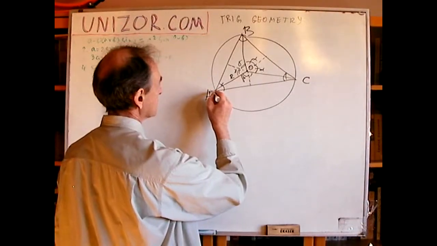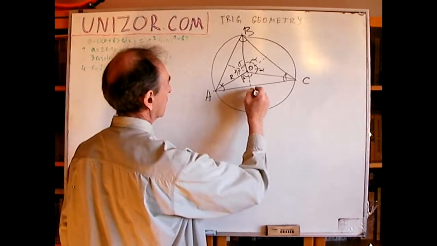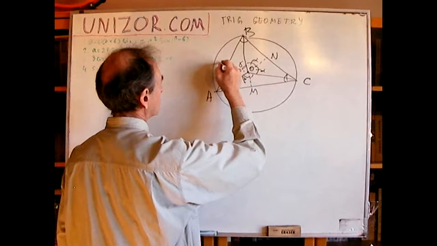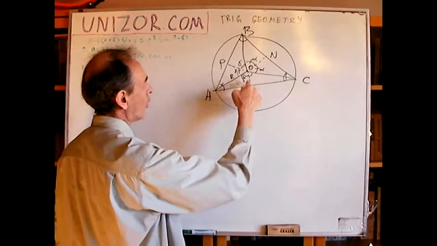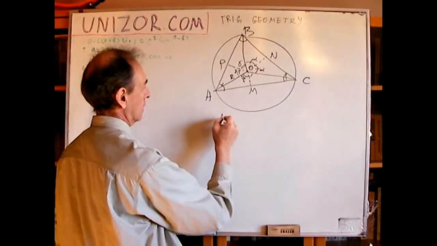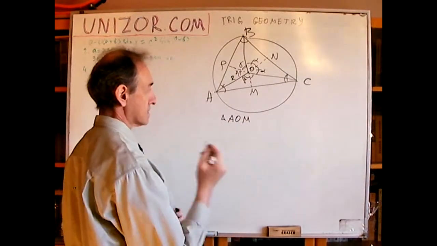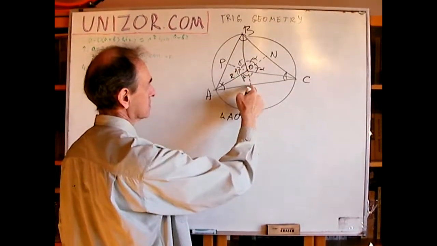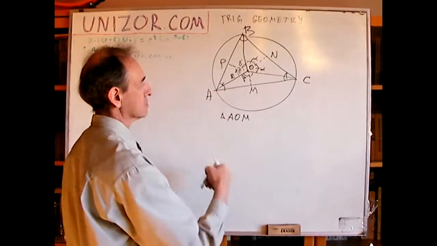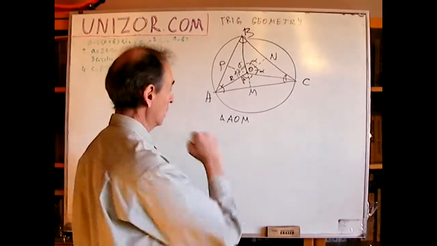So, for instance, triangle AOM has area: this cathetus times this cathetus divided by 2, right?